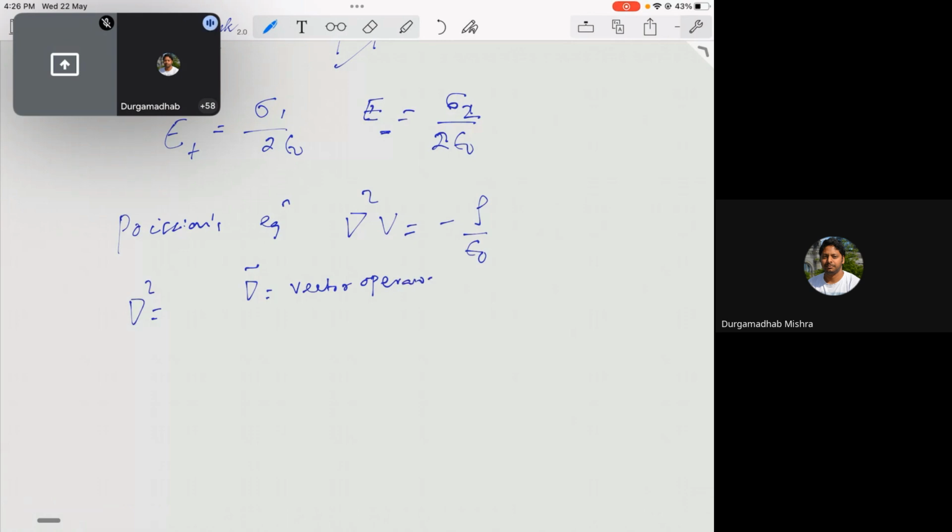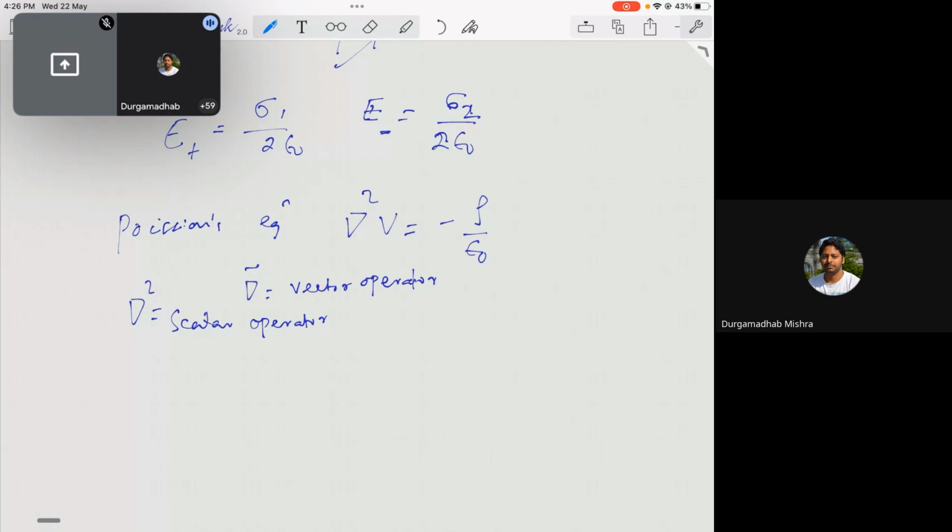So you have to be very careful about these operators. Many times people get confused, so you better pay attention to that. This is a scalar operator, which means it can only operate on a scalar function. Del square can never operate on an electric field or any vector.